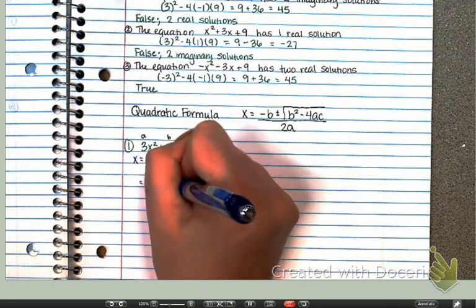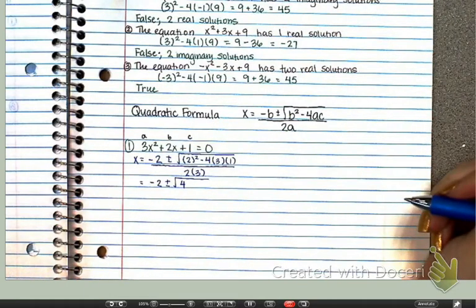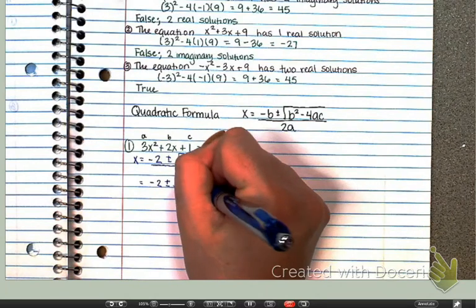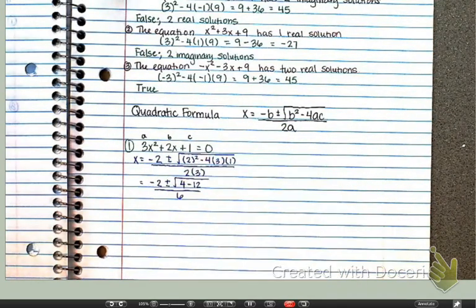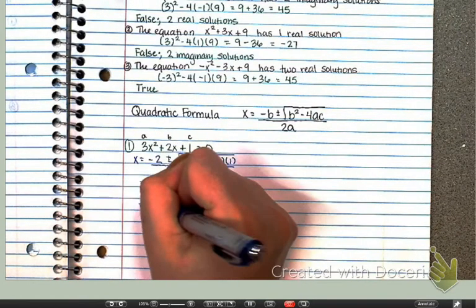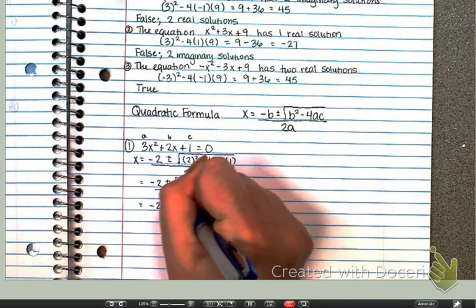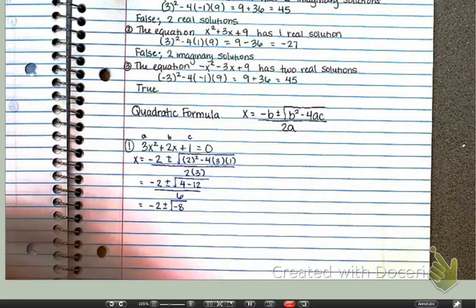Negative 2 plus or minus the square root of 4. Negative 4 times 3 is negative 12. Negative 12 times 1 is still negative 12, right? What is 4 minus 12? Negative 8. So this, remember, is your discriminant.